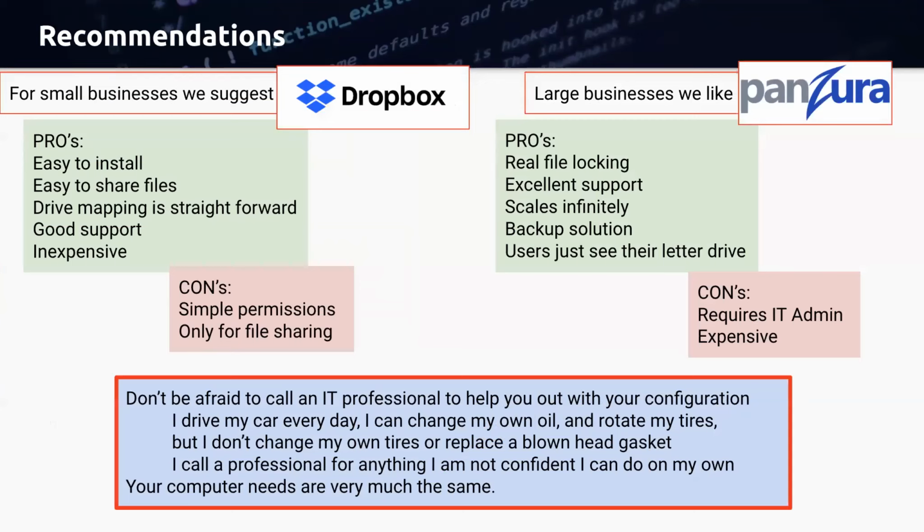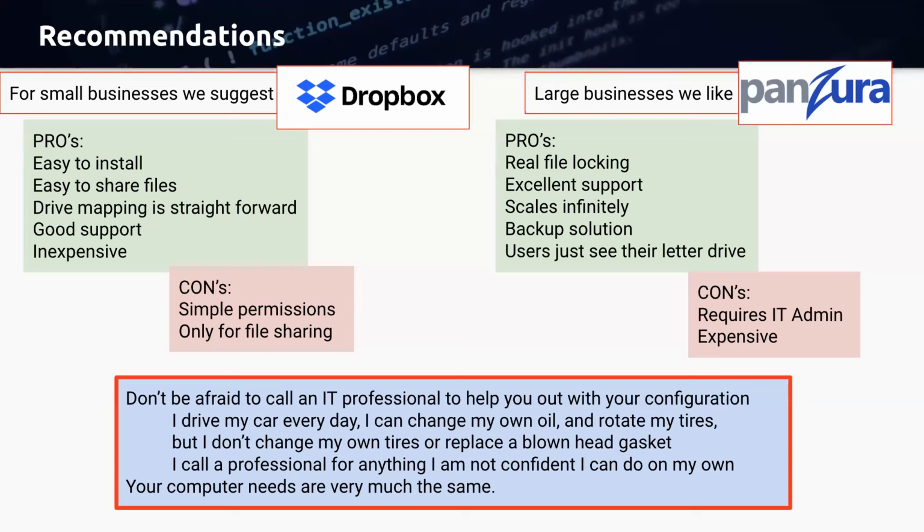So our recommendations. Our favorite for small to medium business is Dropbox, honestly. It's easy to install. It's easy to share files. Drive mapping is straightforward. They've got good support. It's inexpensive. The downside is the permissions are real simple, so if you need granular permissions for different tiers of users, it's not going to be a good choice for you.